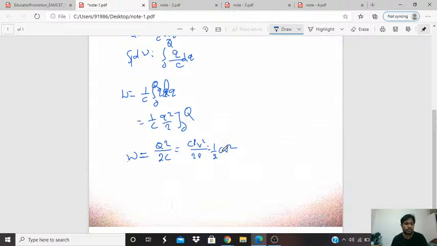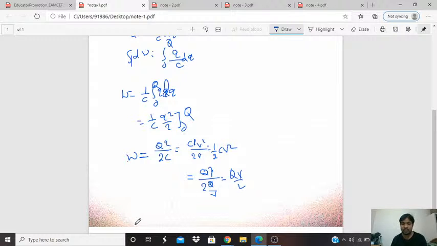Or in another form, suppose Q square by C equals Q by V times Q, so the Q's get cancelled, giving QV by 2.